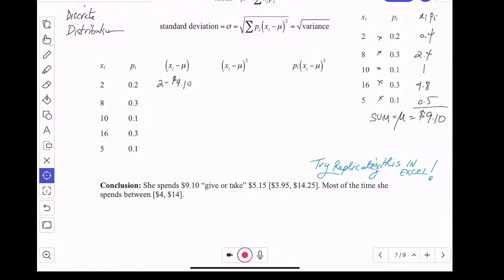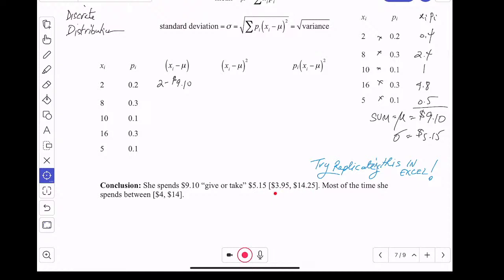So this is the conclusion. Again, like the previous, she spends $9.10, give or take $5.15.